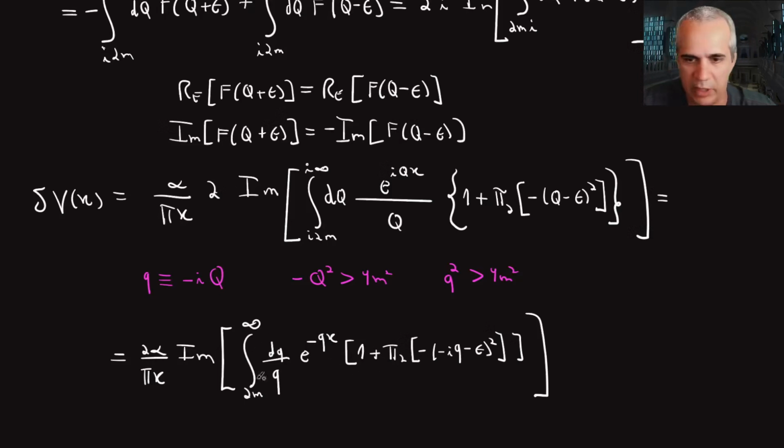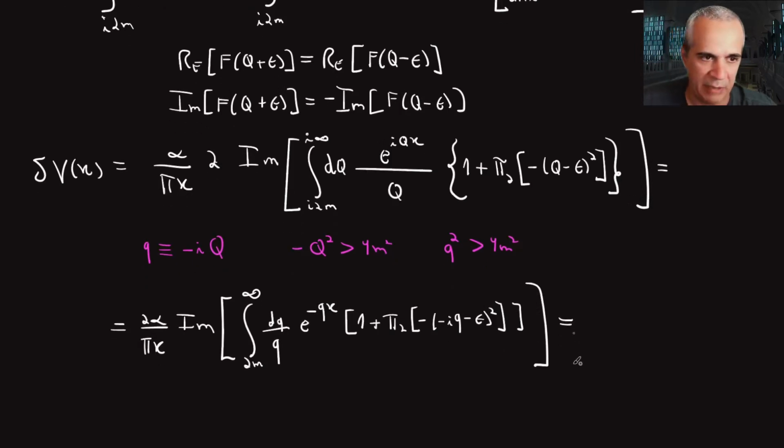That's the advantage of changing to this variable. You see everything is real here, so I can take this imaginary part all the way in and act it here. The number 1 has no imaginary part, so it's really the imaginary part of pi 2 that I'm interested in.